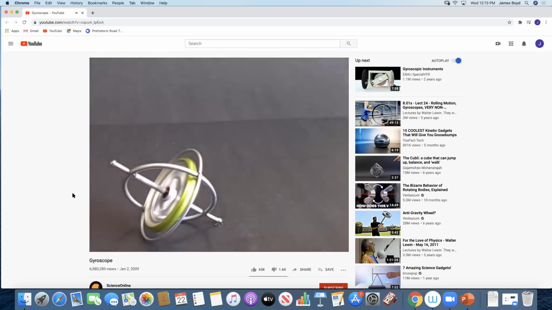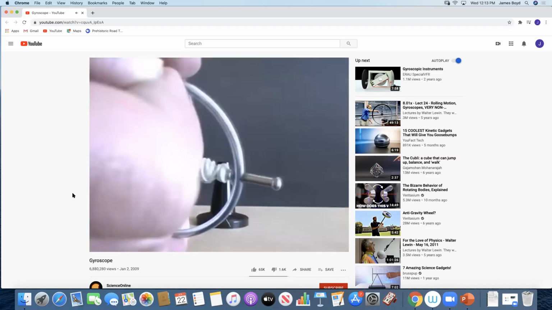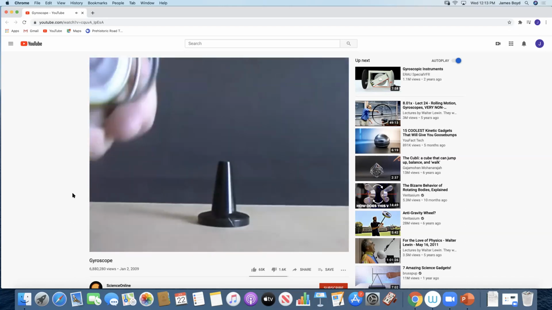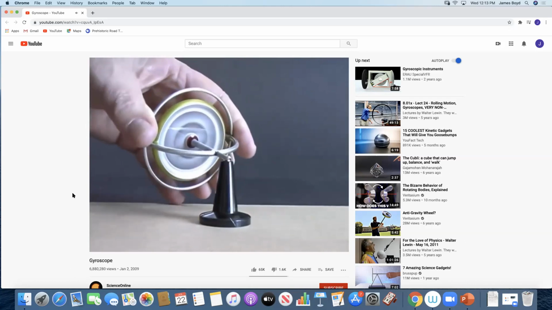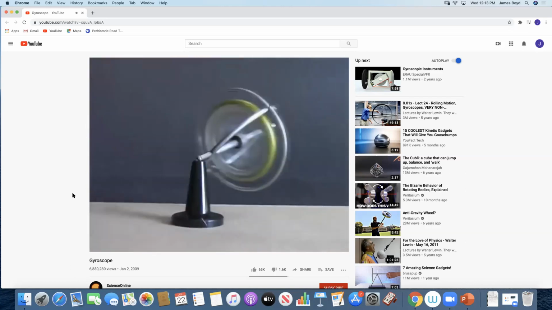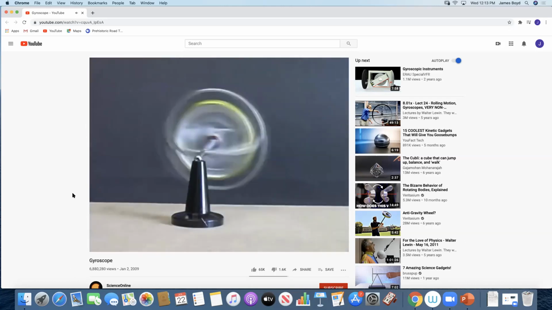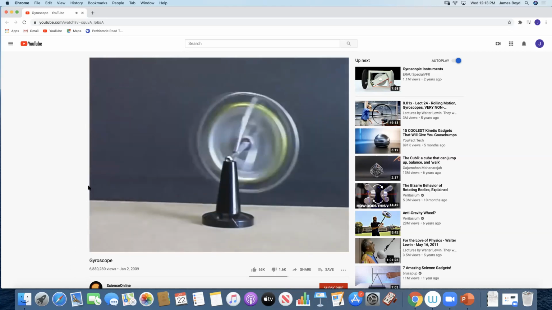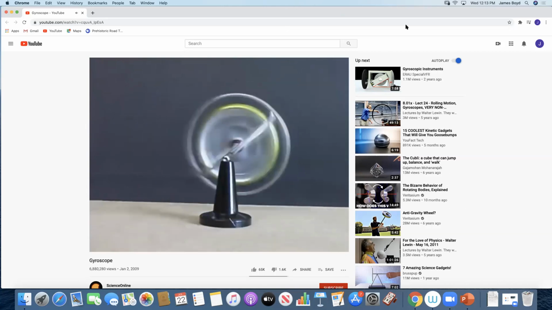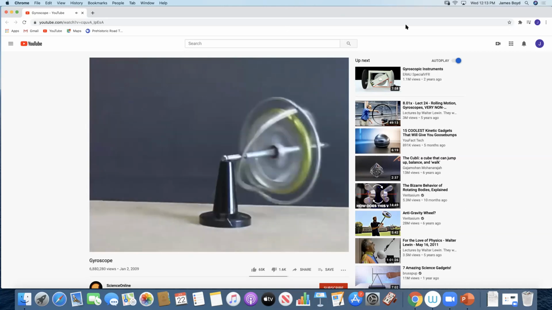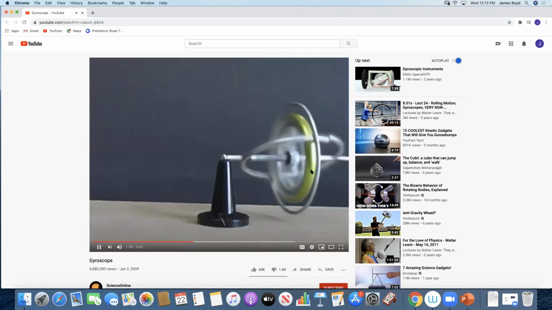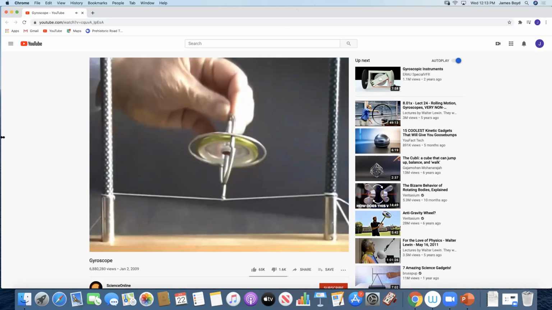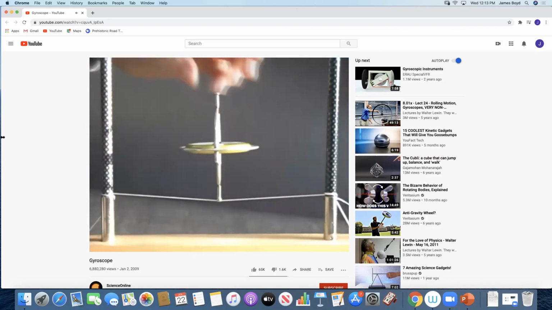So that's interesting. As the wheel slows down, it falls over. Incredibly, this force will support the gyroscope like this. It appears to be levitating. Black magic. A spinning gyroscope will balance on a string.